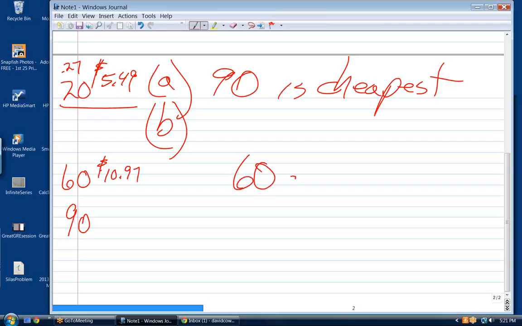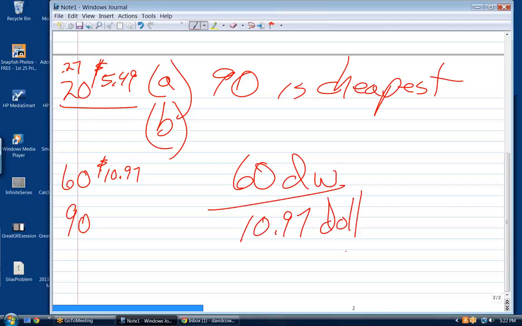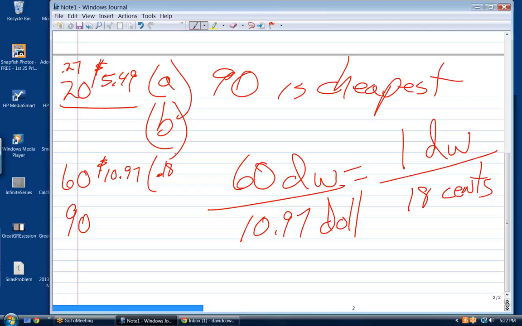That means we got 60 DWs per $10.97. Divide 10.97 by 60. That'll give us 1 DW in the numerator. You get 18 cents. So this one is 18 cents per unit. So that's quite a bit cheaper.